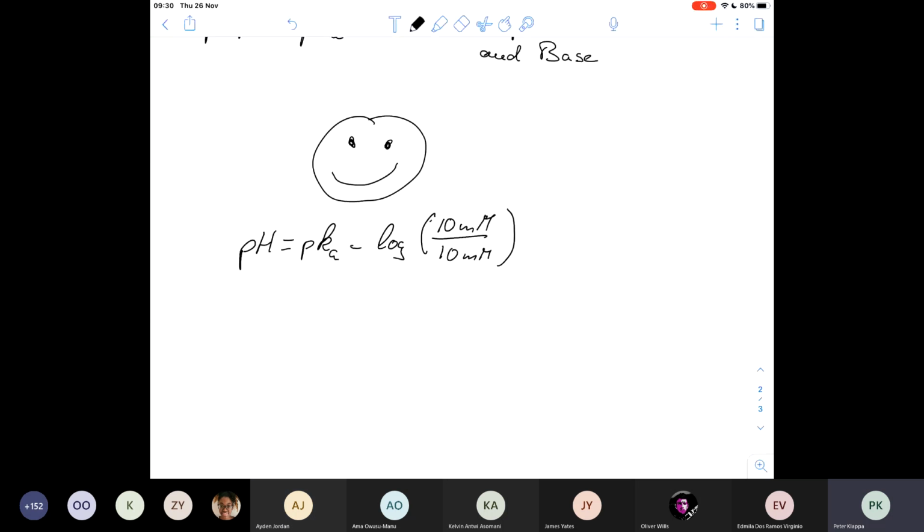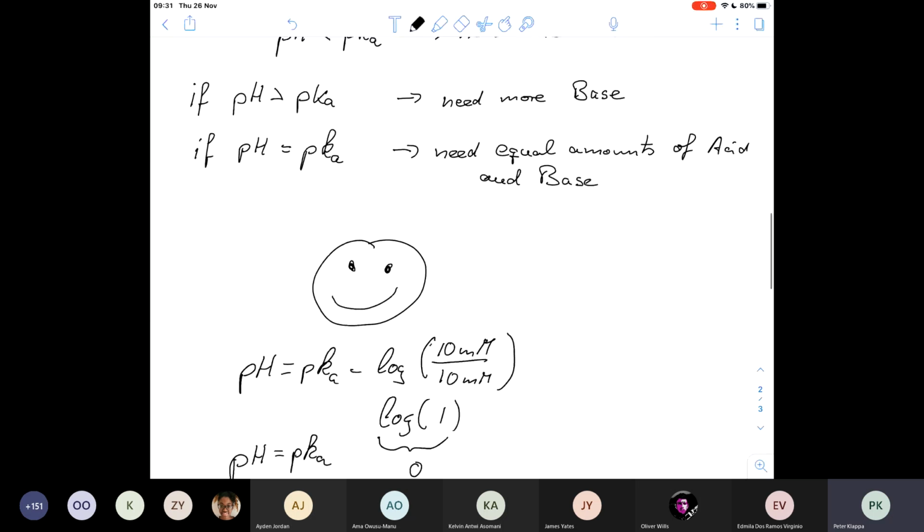Thank you. So what happens if we've got the same concentration of acid and base? They cancel out. They give log 1. Log 1 is 0. So in this case, we have pH equals pKa. That means if the pH is the same as the pKa, we need equal amounts of acid and base.